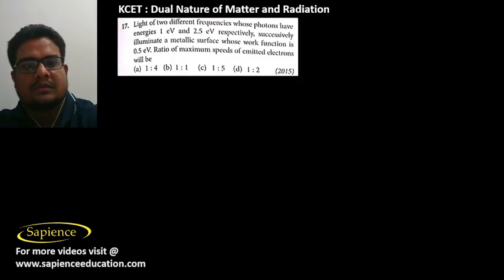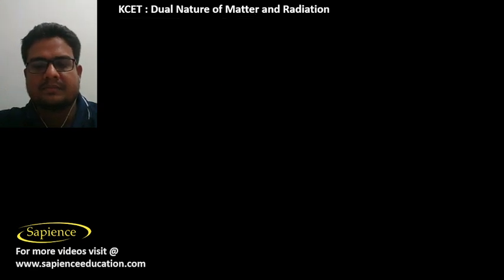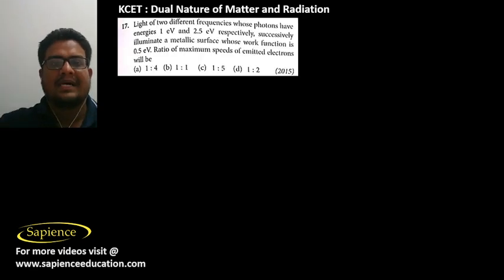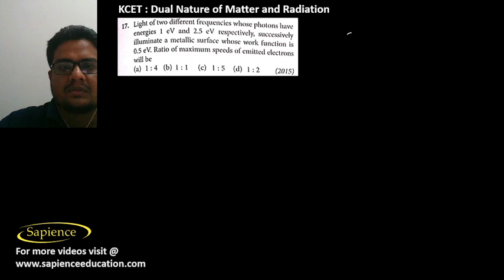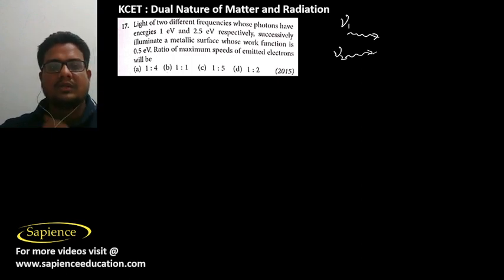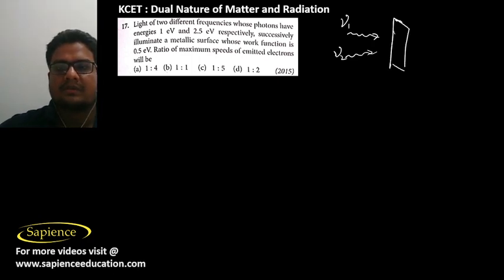Then question number 17. Light of two different frequencies nu1 and nu2, whose photons have energies 1 electron volt and 2.5 electron volt respectively, successively illuminate a metallic surface whose work function is 0.5 electron volt.